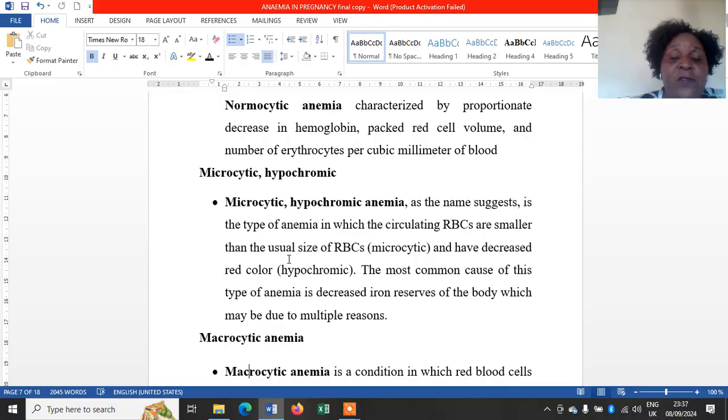And now if a mother has less iron in the body, it means we shall have less receptors for oxygen, and therefore our blood cells will look light, hypochromic. And because they will look light, they may also not grow to the expected size. That is why we call them microcytic.